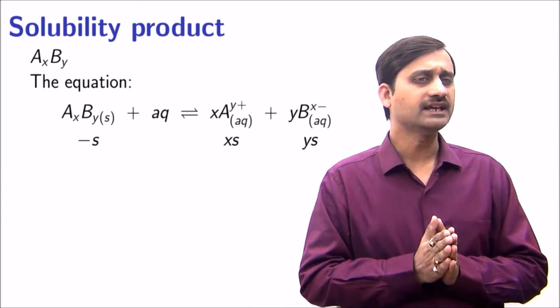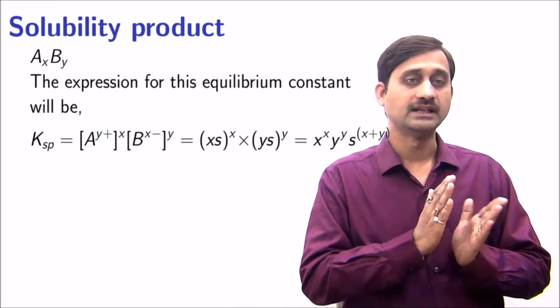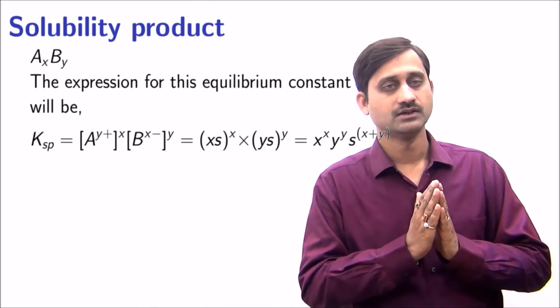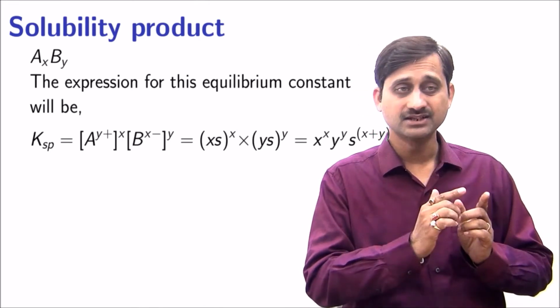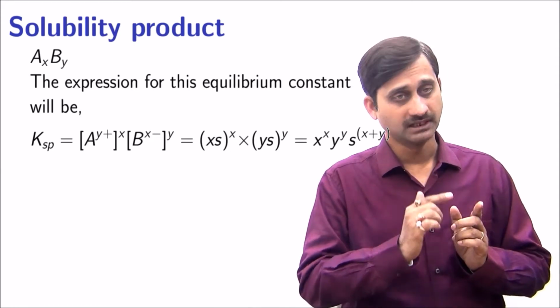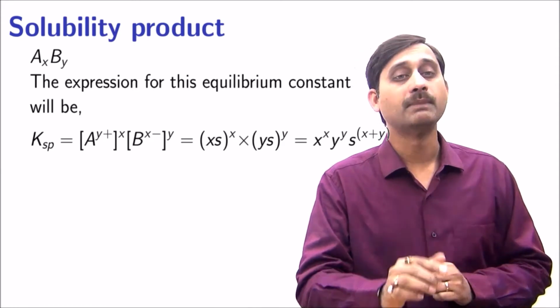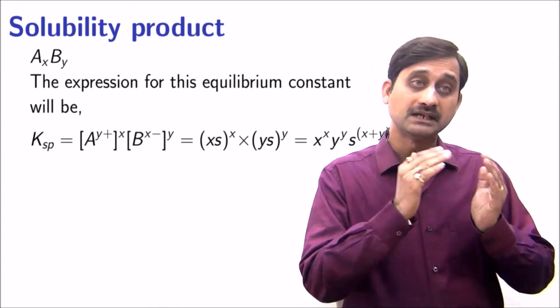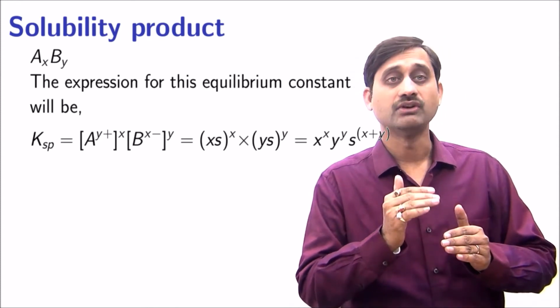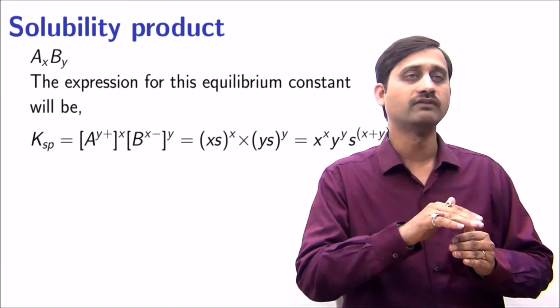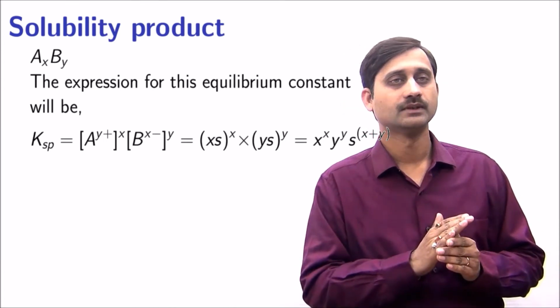The concentration of A is xS, while B is yS. So the expression of this equilibrium constant is x to the power x multiplied by y to the power y multiplied by the solubility of the salt S raised to the power of the sum of x and y.